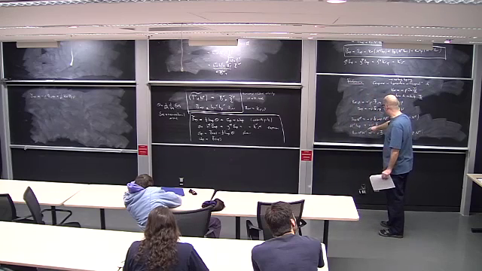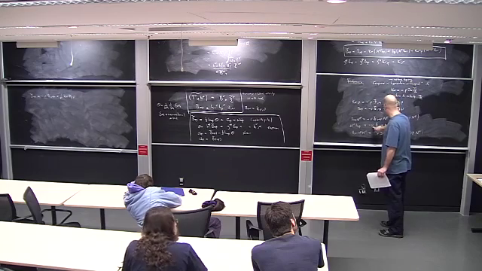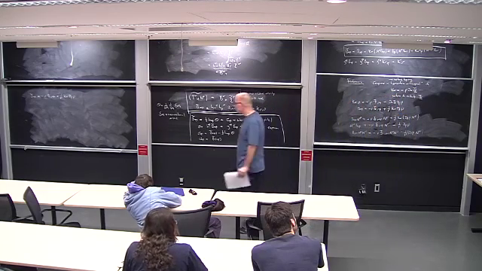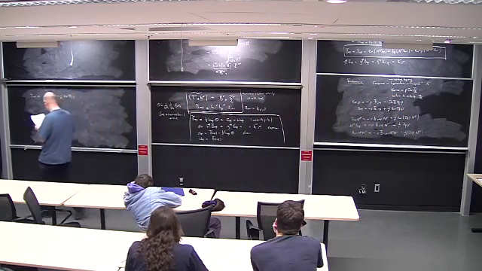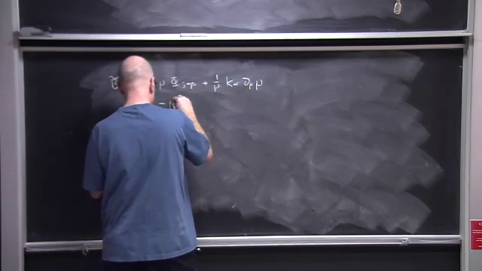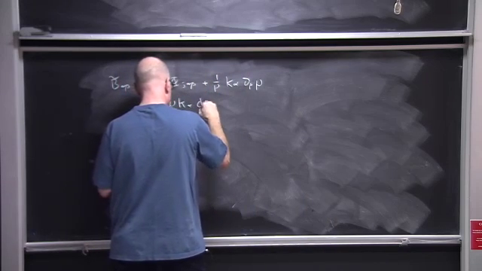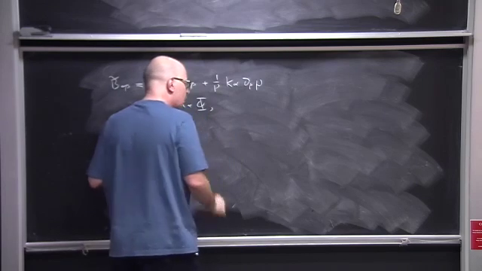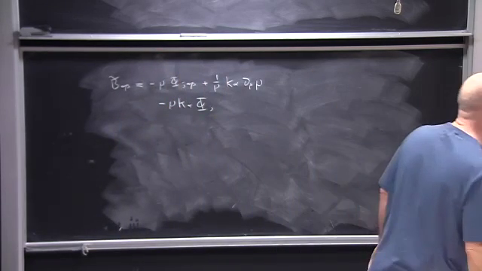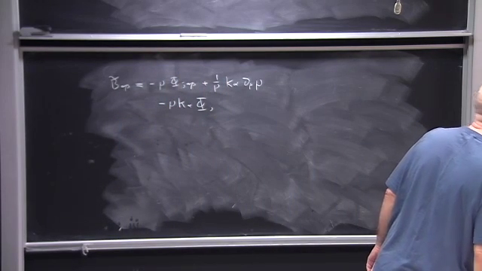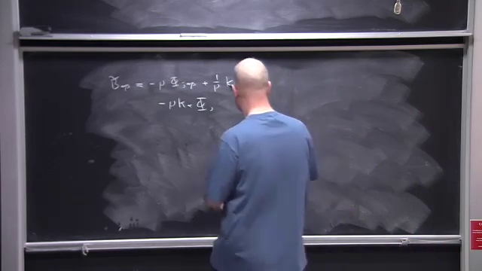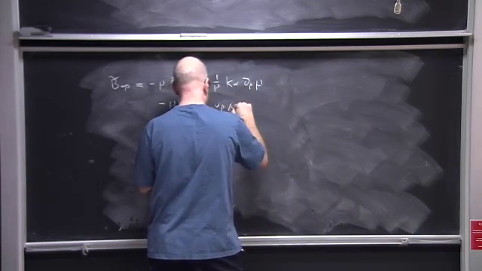So what I get over there is mu nu beta and nu. And then for the second term, I get minus 1 over mu k alpha. And then I differentiate mu, and that's it, in the direction of beta.